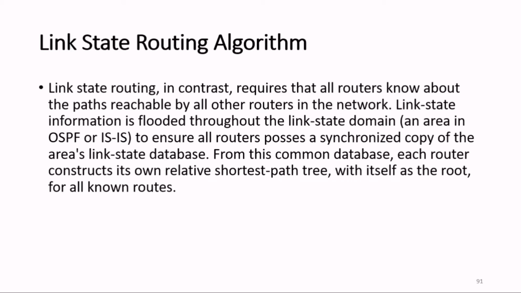The link state routing algorithm, in contrast, requires that all routers know about the paths reachable by all other routers in a network. So if there are 50 routers in one network, all routers know the routing table for all routers in that network. Link state information is flooded throughout the link state domain, an area in OSPF or ISIS.